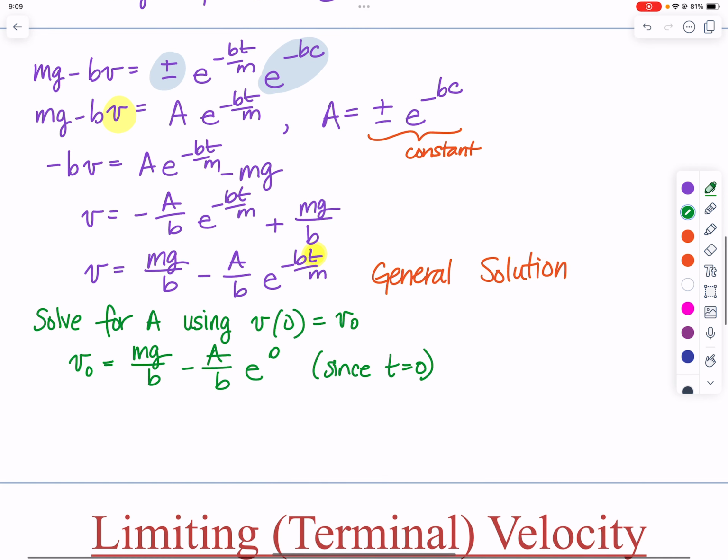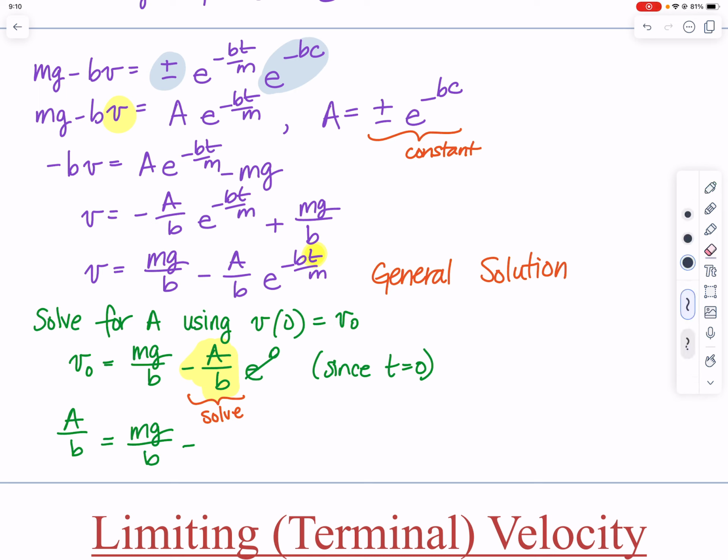Okay, now take a look at this. The opposite of A over b. You see this opposite of A over b? That's what we're going to solve for. So you can see that A over b is equal to mg over b minus v naught.